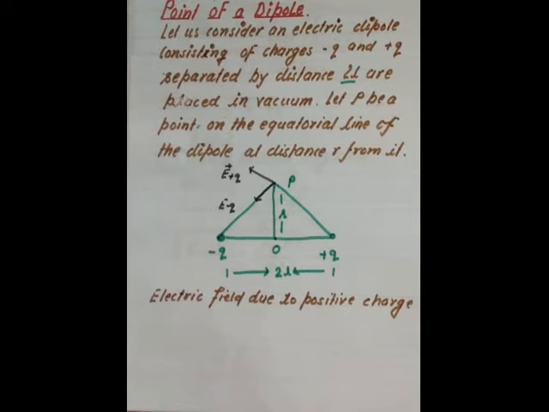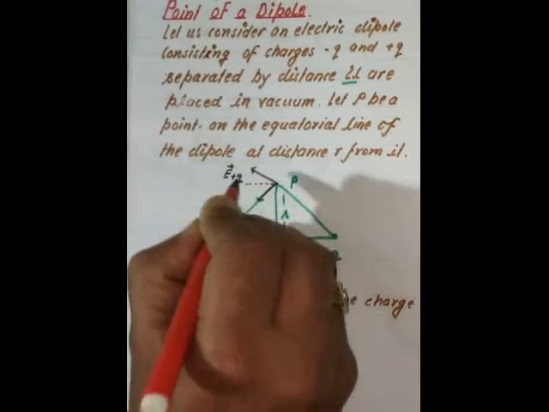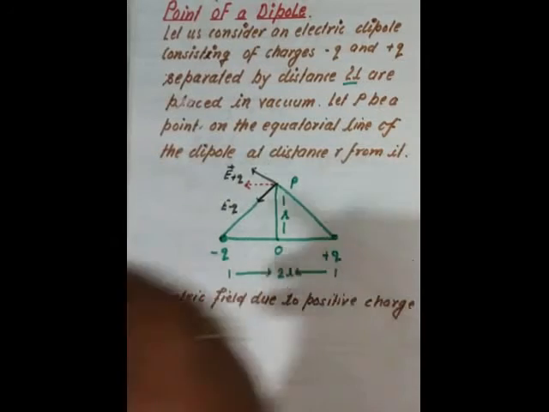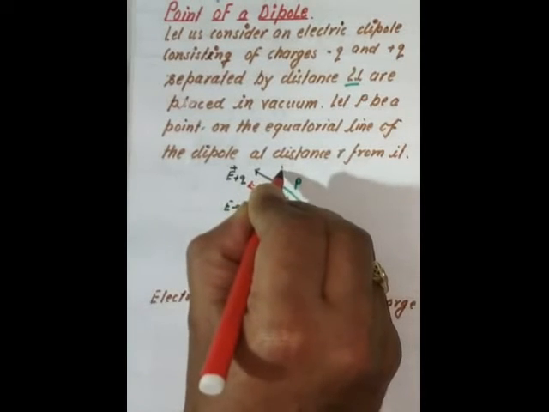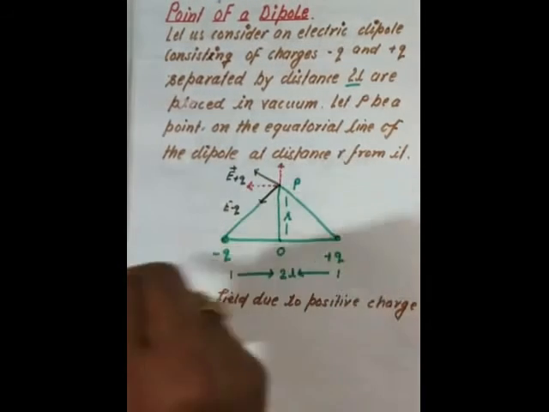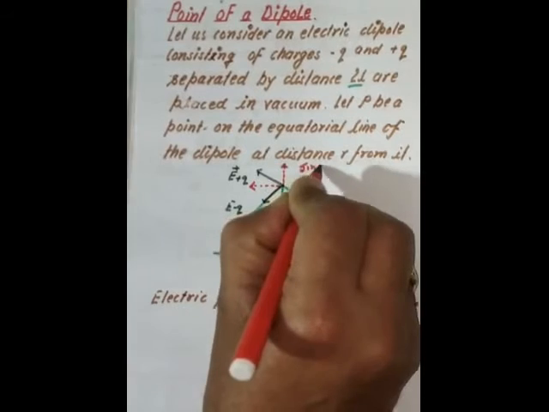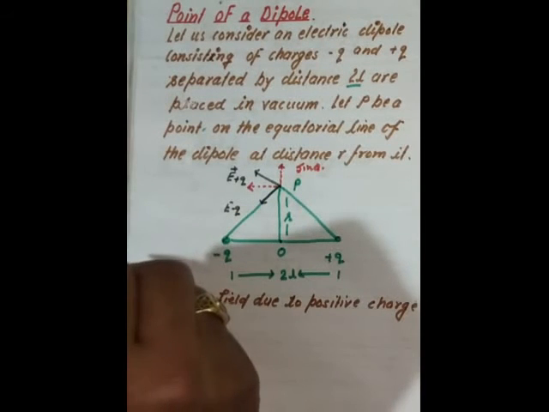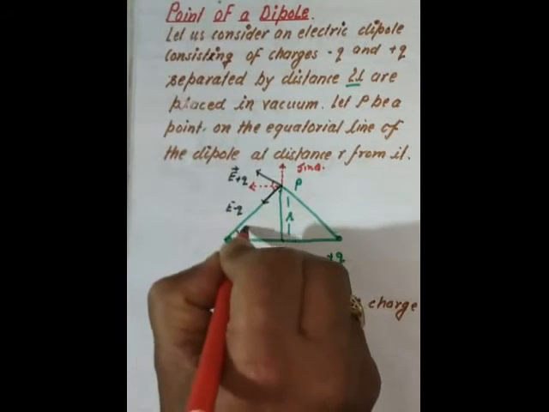When we see the diagram, these are the angles theta.